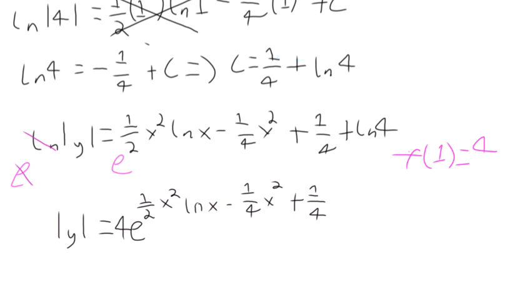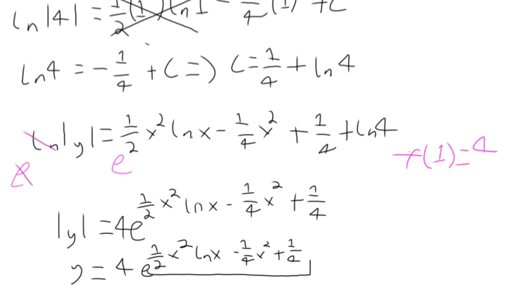So I do not need the absolute value. I want that to be positive. So I can just say y equals 4 e to the 1/2 x squared natural log of x minus 1/4 x squared plus 1/4, and this is it. Be sure that you write this carefully so that it's clear that all of this right here is in the exponent for the e.